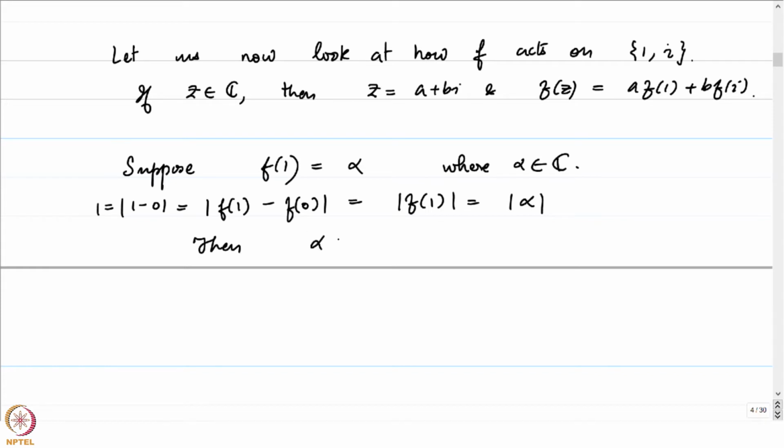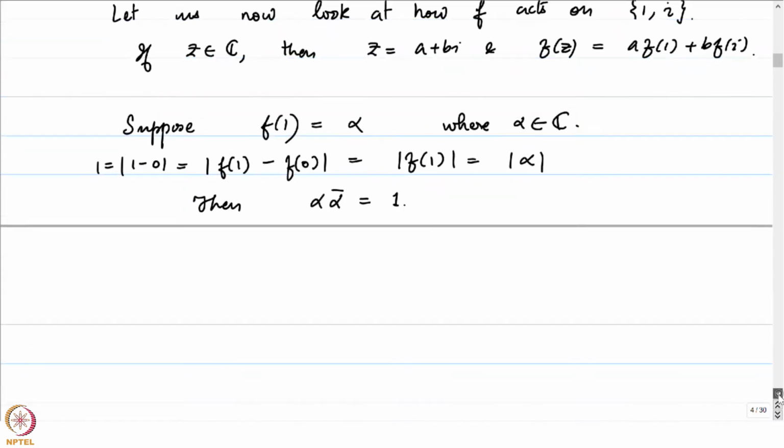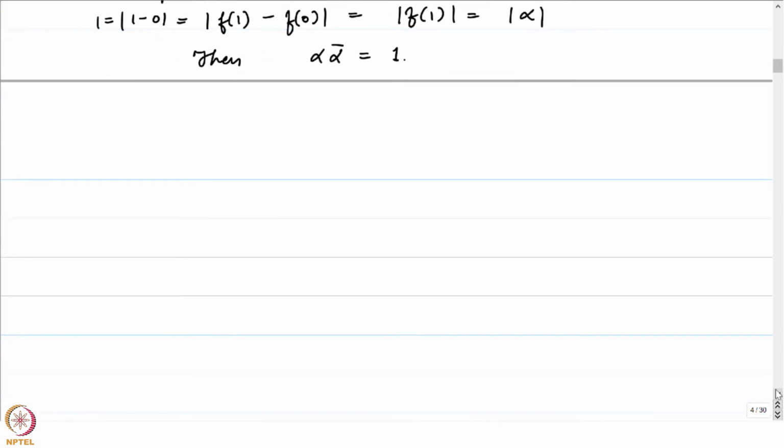Then alpha times alpha bar is the absolute value of alpha squared, which is equal to 1. Right? That's good. So now let's define M alpha bar of w to be alpha bar times w. The thing about M alpha bar is that it will also turn out to be an isometry.